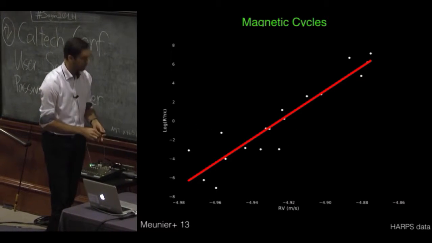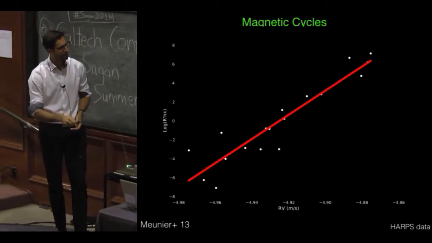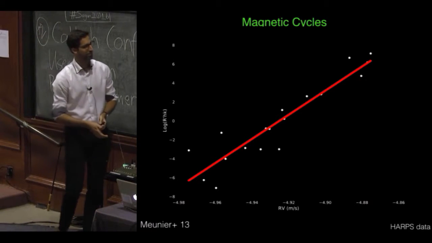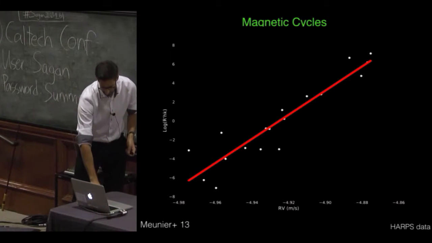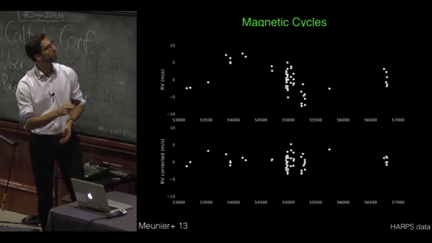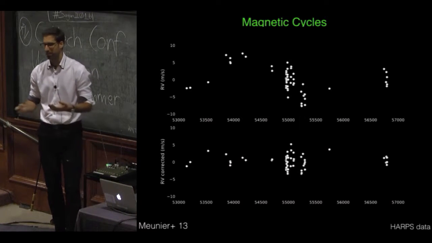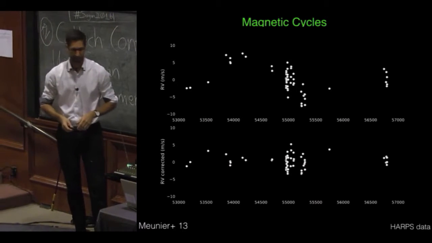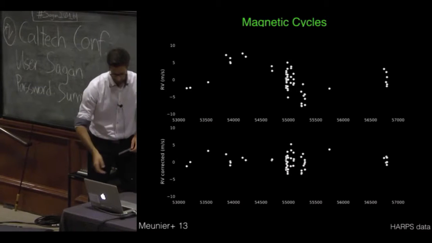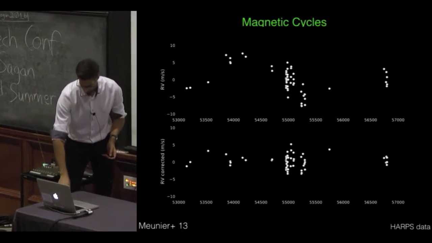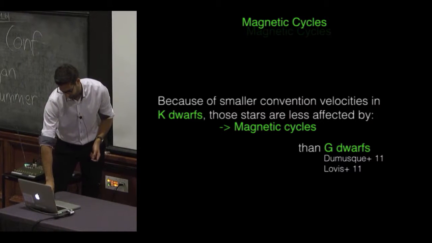And if you look at the correlation between this calcium index and the radial velocity, you see a very nice correlation there. And you can use this correlation to correct the data. So here on top, you have the raw radial velocities. And then here in the bottom, you have the radial velocity corrected just by this linear trend. So quite easy to correct for. It's perhaps not perfect, but it's good at first order.